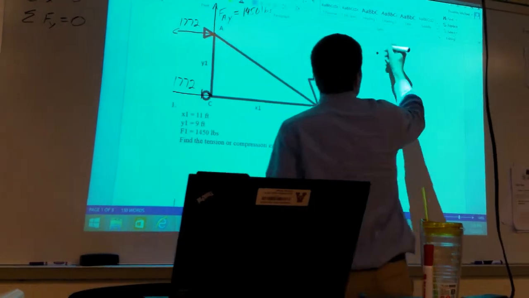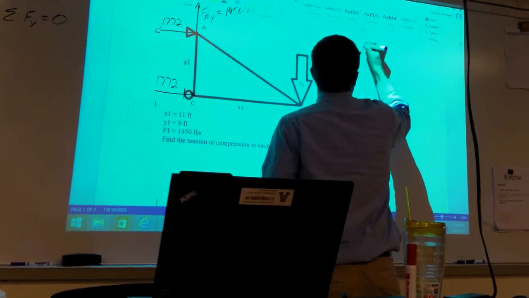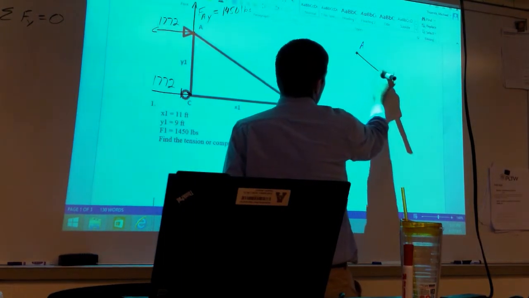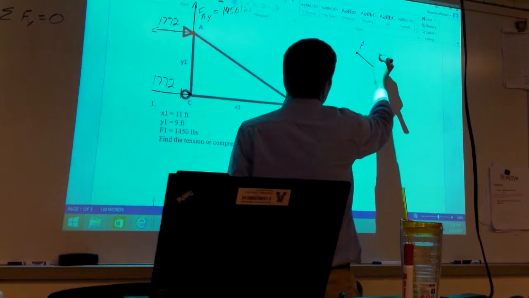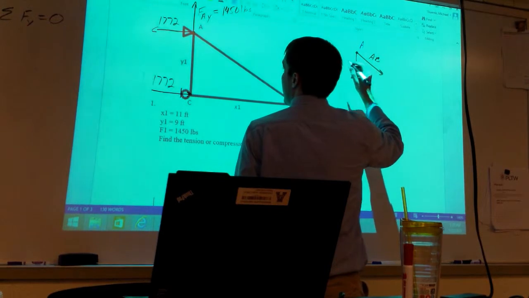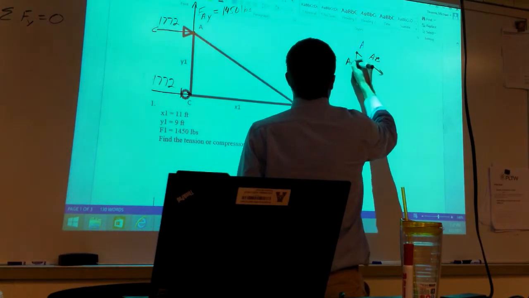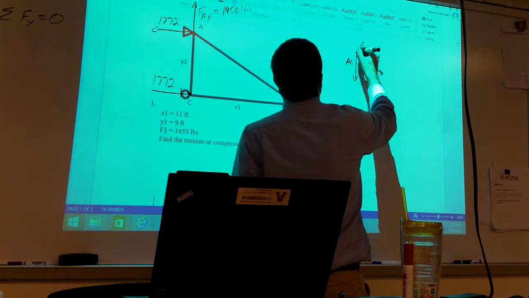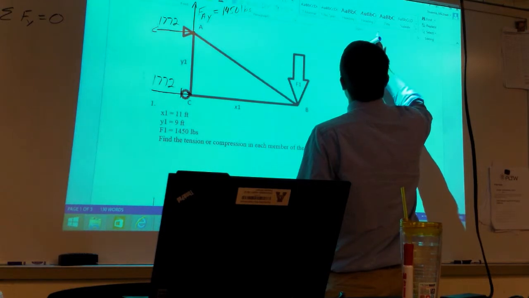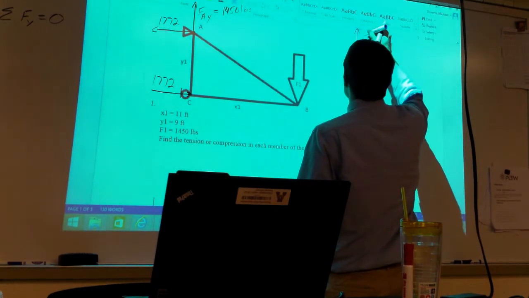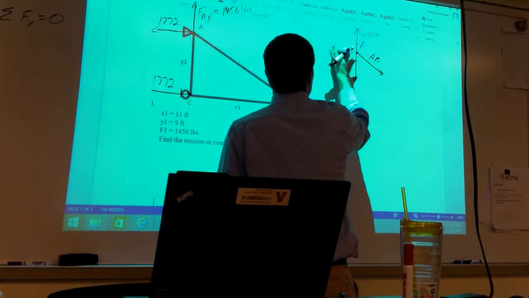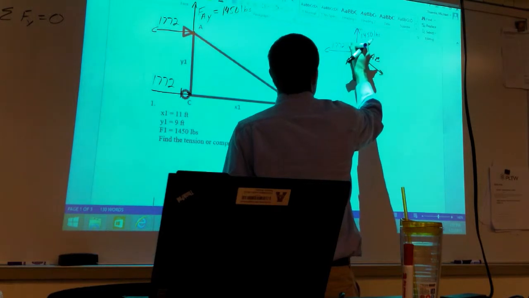So this is going to be A, and we're going to have one going down like that, that's AB, and one going down like that, I'm going to call that AC. We're going to have force up like that, 1,450 pounds, and force going over like that, 1,772 pounds.